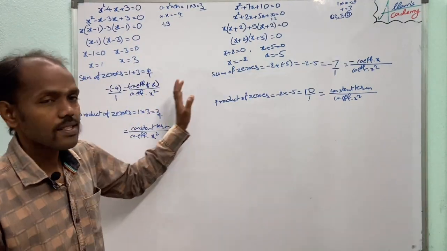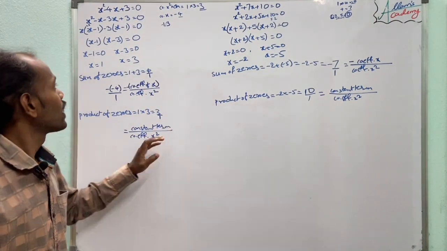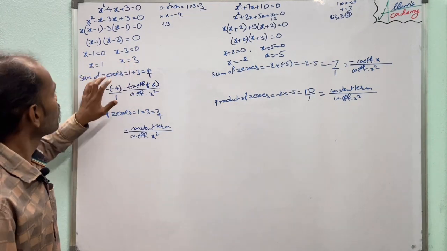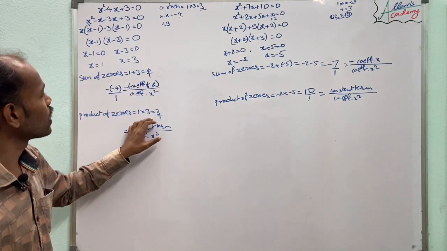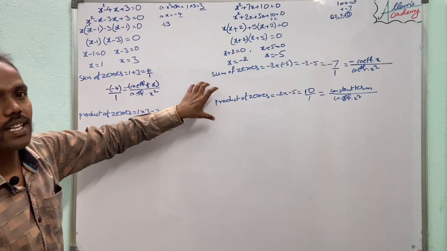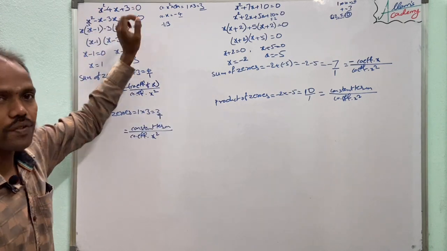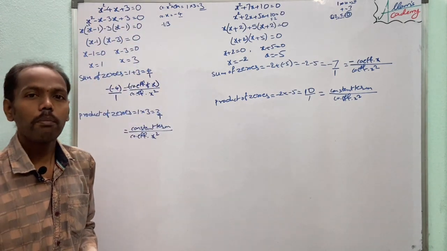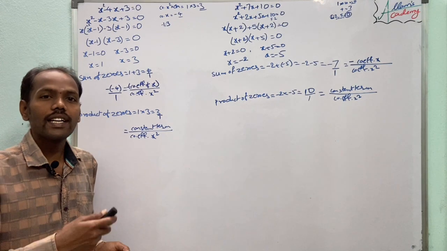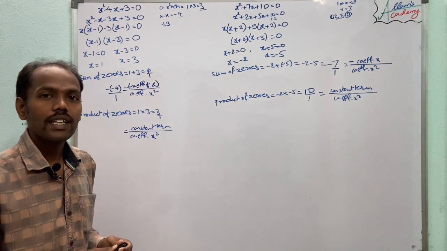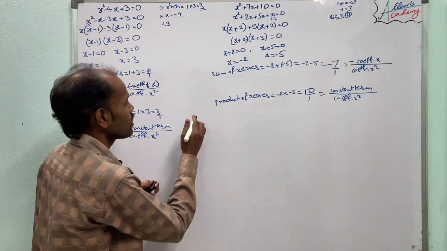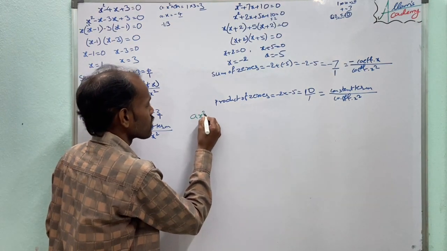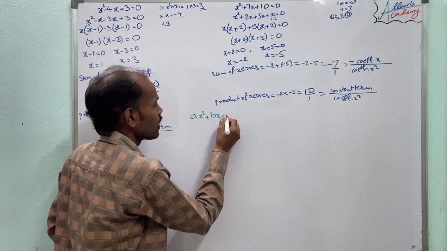So from this we know the relationship between the zeros, the sum of the zeros and the product of the zeros, and the coefficients of the given polynomial. We already know that the quadratic polynomial general form is ax square plus bx plus c.